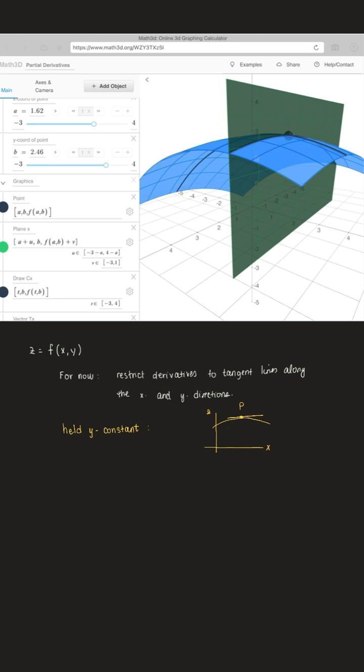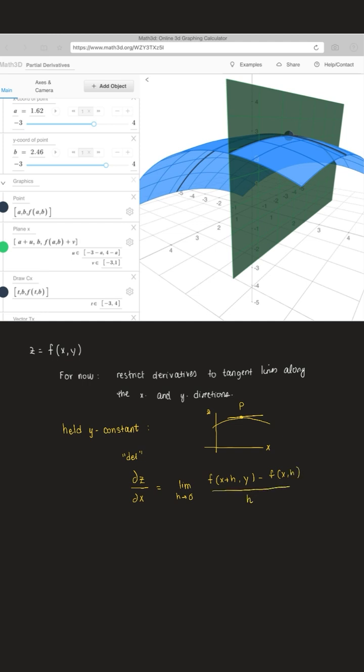Well, we're going to call that a partial derivative, and we use a special symbol called del. And we're going to say, okay, this is going to be dz or df with respect to x. We're only looking at the rate of change of this function in the direction of x. And that's going to be the limit as h approaches 0 of f of x plus h, y, minus f of x, y, divided by h.